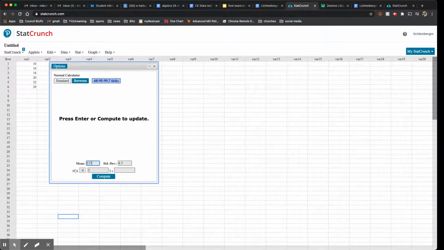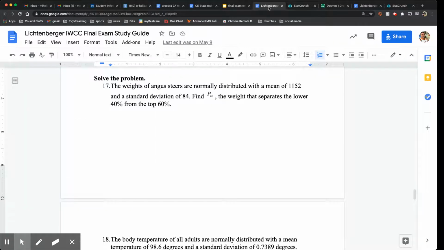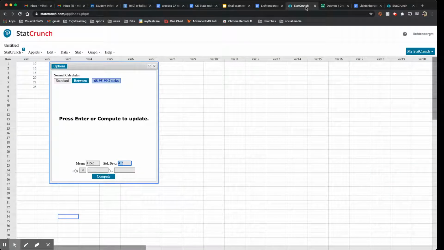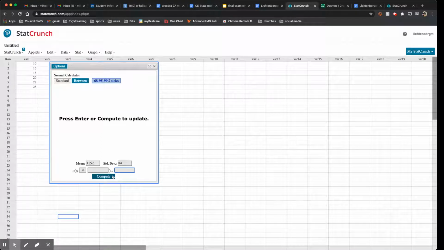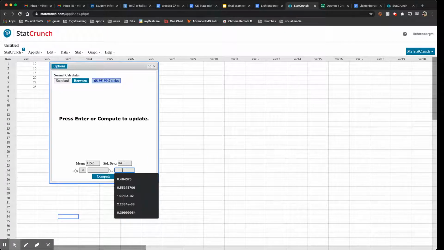So the mean was 1152, the standard deviation was 84. Now notice here it says the weight that separates the lower 40% from the top 60%. So it's telling us what the percentage is, 40% or 60%. So we're going to put that number after the equal sign.